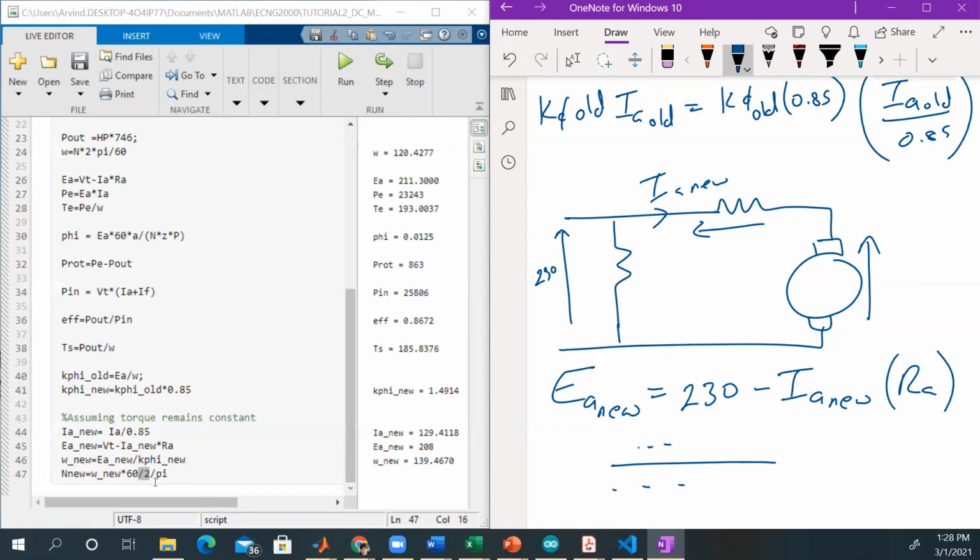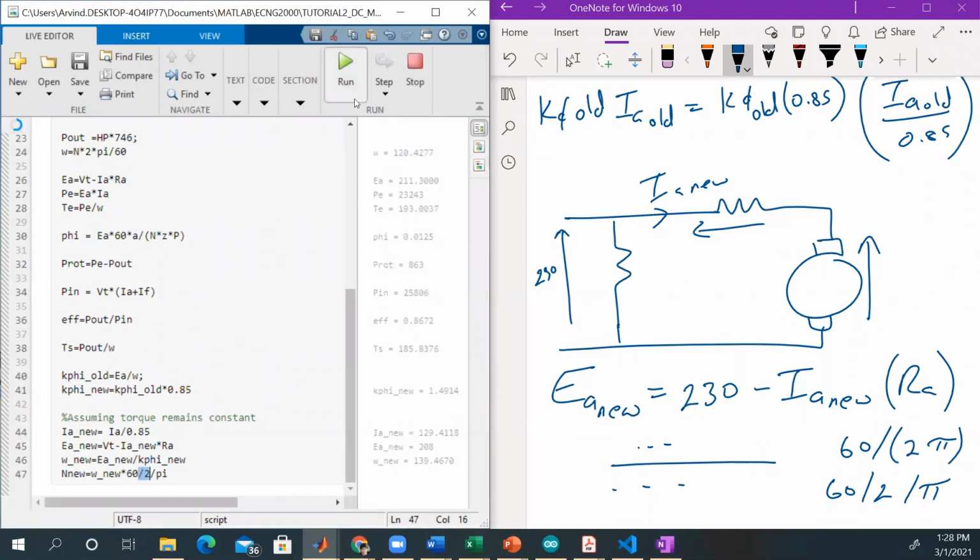So this is the same as 60 over 2 pi, right? That is the same as 60 over 2, like that. Good?